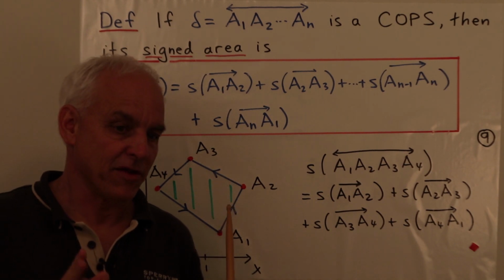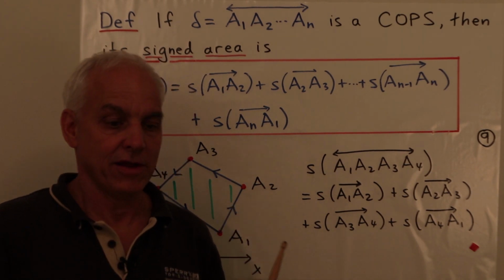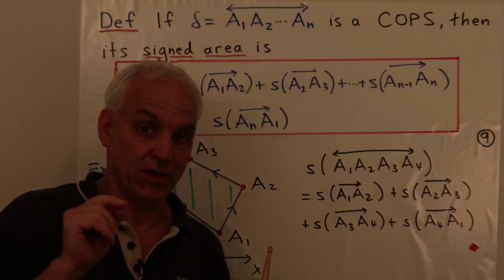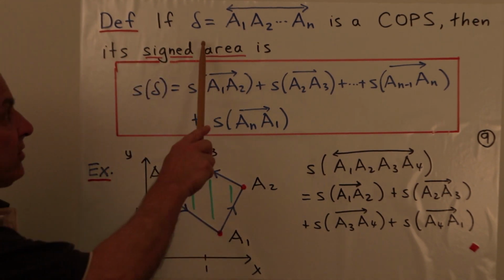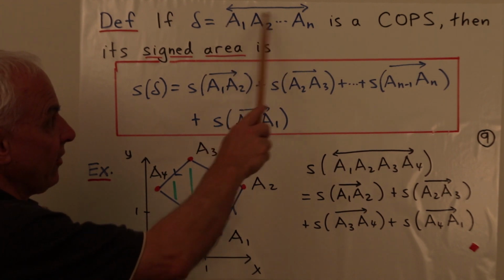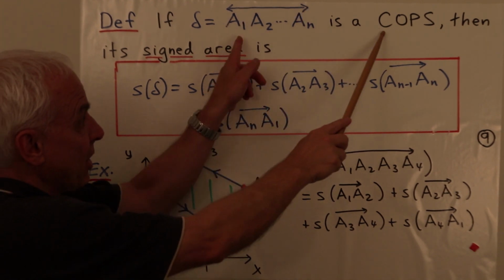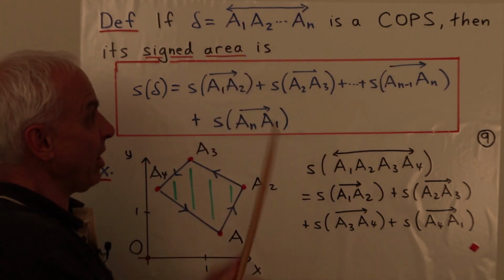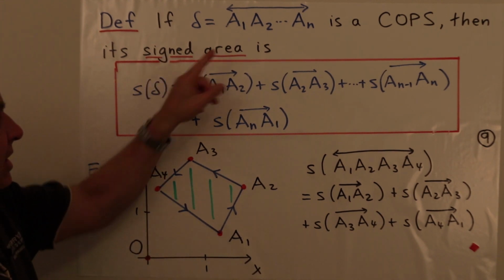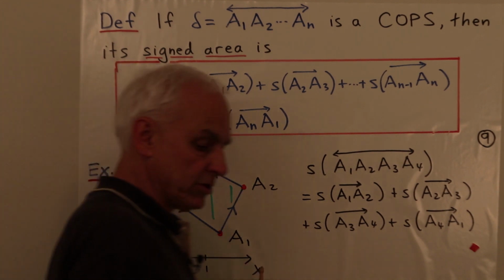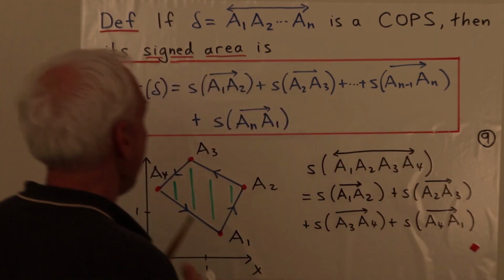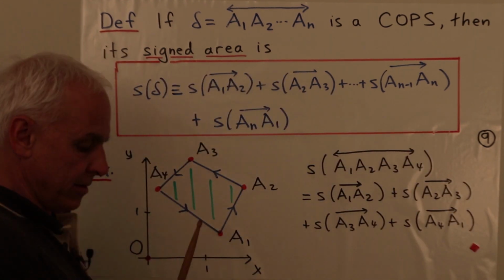So just as we define the signed area of an OPS, now we should define the signed area of a COPS. So if delta equals A1, A2 up to AN is a COPS, a cyclic oriented polygonal spline, then its signed area is defined as follows. Its signed area is equal to, and again I probably want to make that a definition.